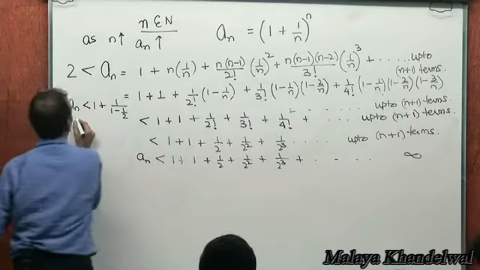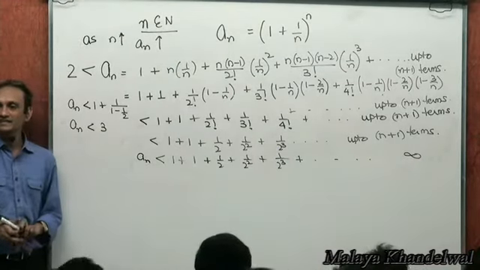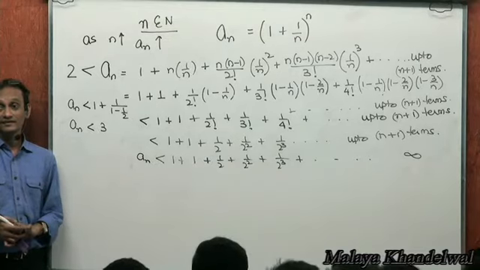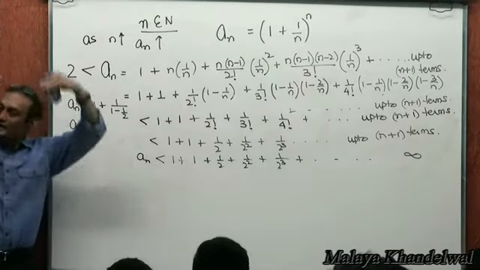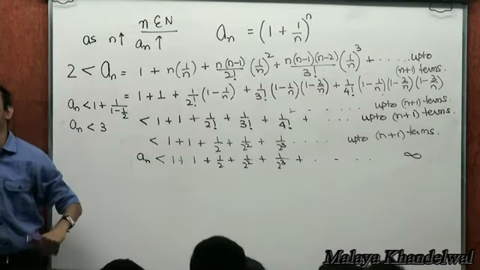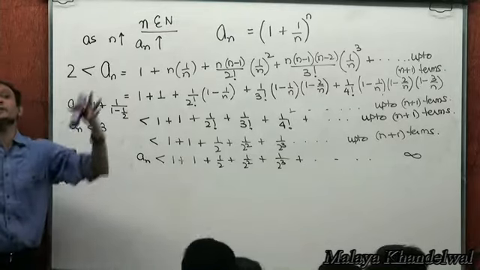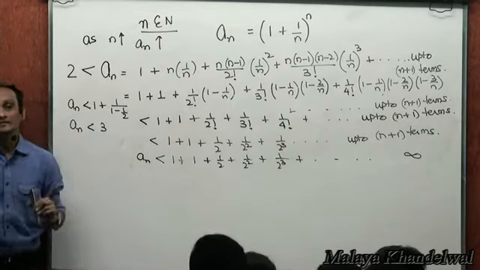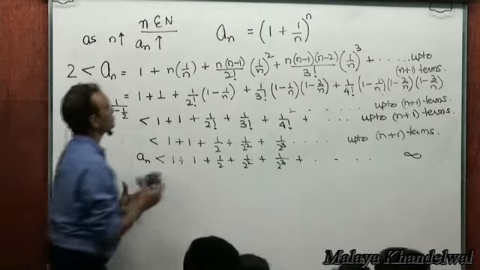That means an can never exceed 3, right? So as you go on increasing n, an increases, but it never goes past 3, right? It will always stay bounded between 2 and 3. That's an important fact to reckon. Okay?